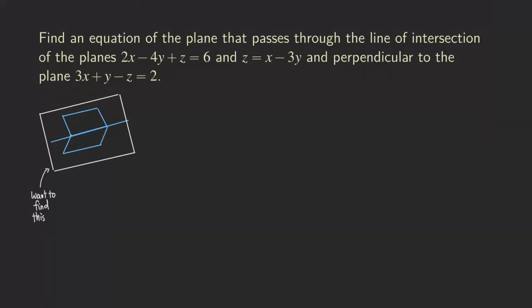But that's not the only piece of information that's given to us. We also have the plane that's perpendicular to the plane that we're trying to determine here. Again, I'm just going to use blue for that, so you know what's going on. This one must be perpendicular to our plane, this plane that's in white. Then we are going to get another plane right here.